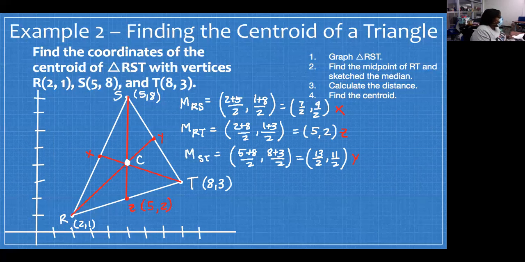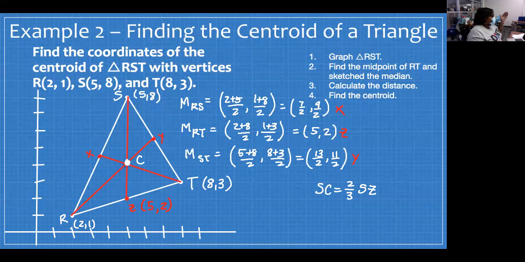Okay? So our centroid theorem tells us that the length from S to C is equal to 2/3 the length from S to Z. Does everybody follow how I got that? The length from S to C is 2/3 of S to Z. Make sense? Okay.